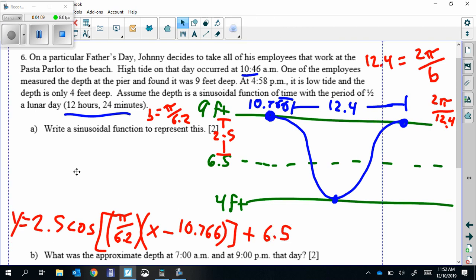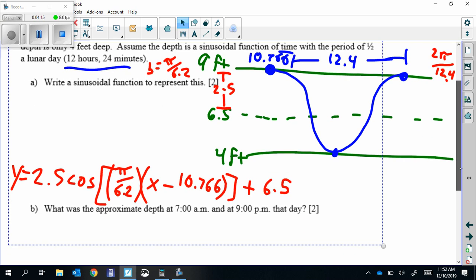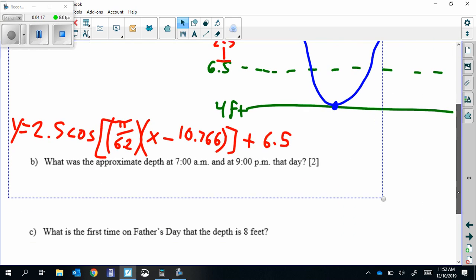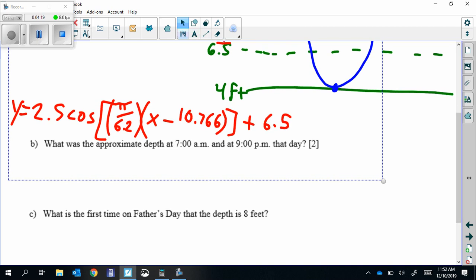There it is, a little bit easier to read. So that's our equation. We can type that into our calculator and use it to answer these questions.